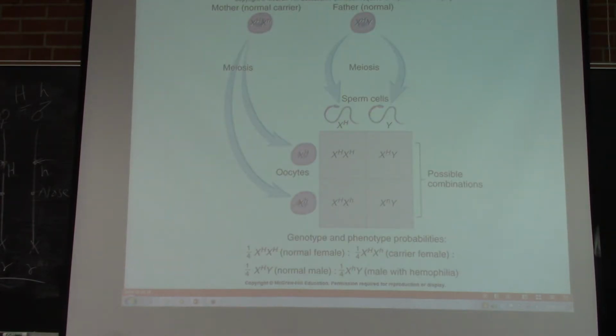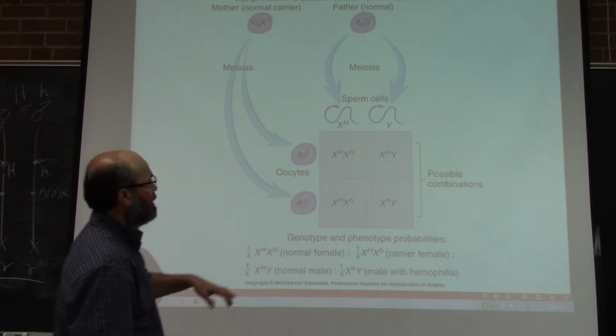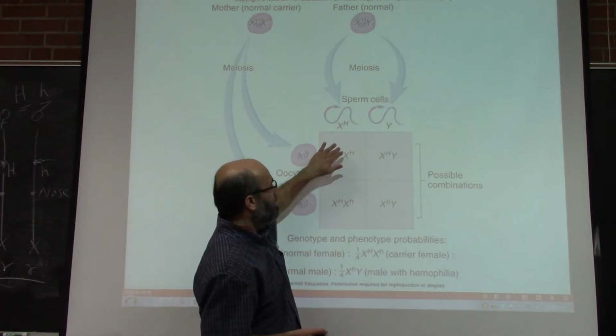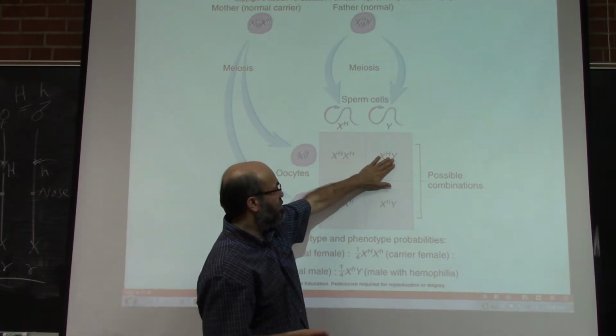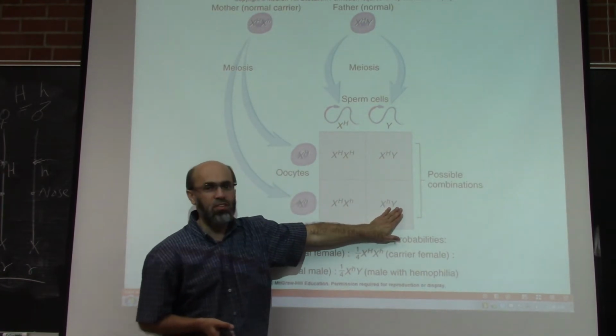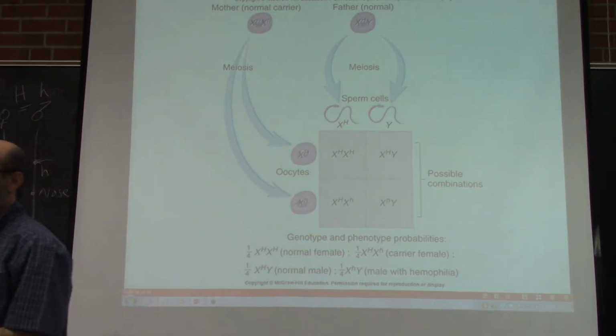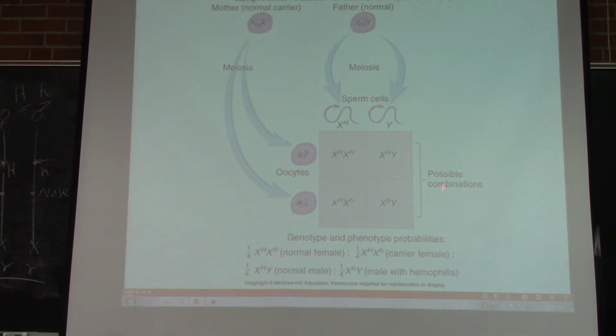For example, if this disease was a dominant disease, then this person will have it, this daughter will have it, this daughter will have it, this son will have it, and this is the only son who will not have it. So if this was a dominant disease, like albinism or other diseases, it will be completely reversed.